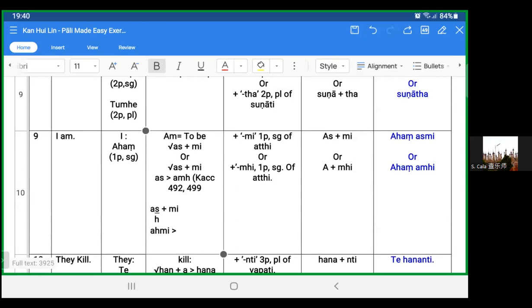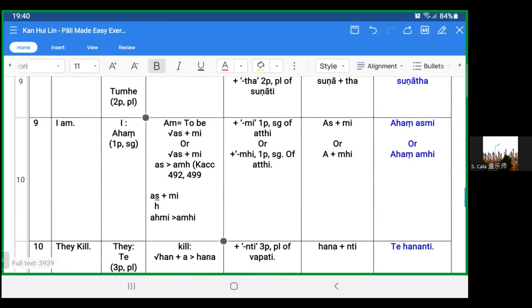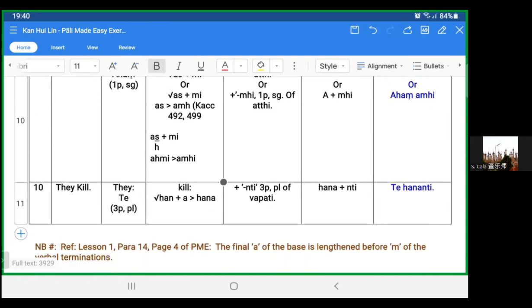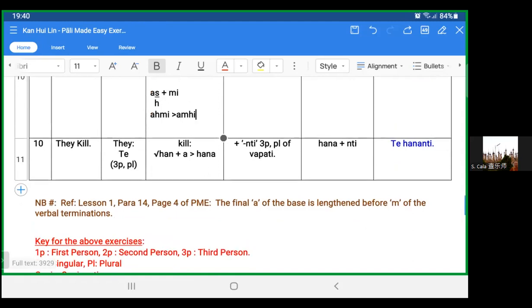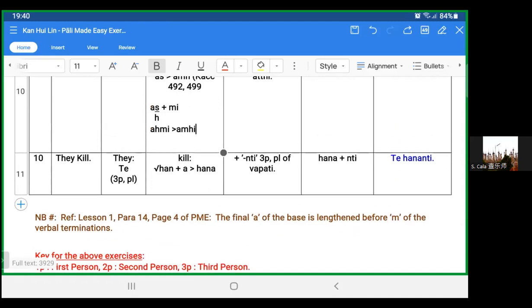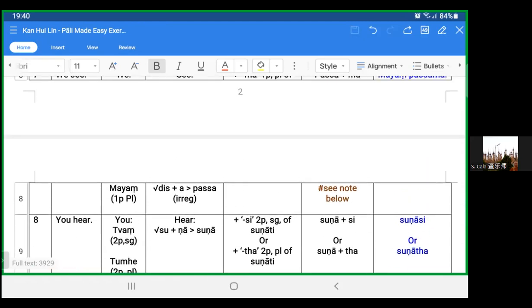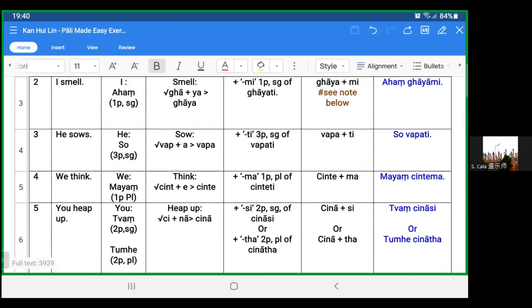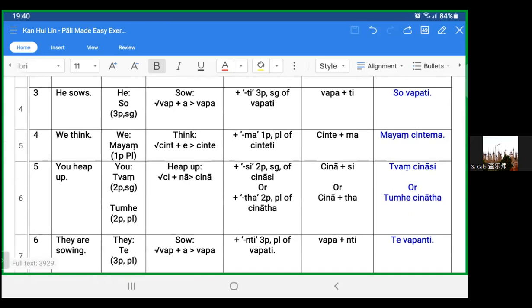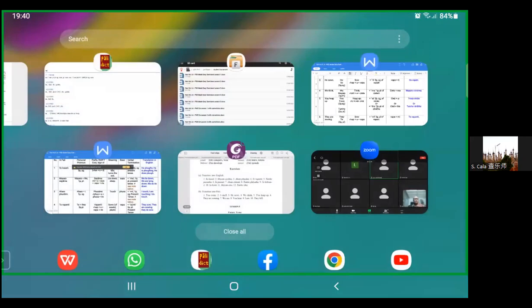So ami becomes ahmi, right? That's the reason here. So hanati, all right? So this one is already done. We already checked her homework, and I'll share this with you all because this is very simple, very easy to see.